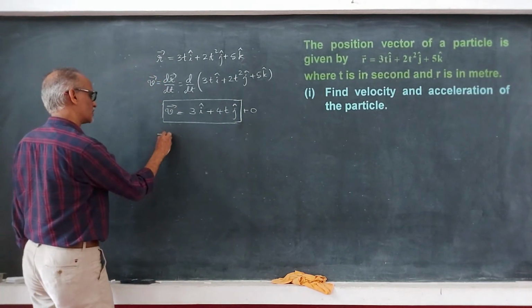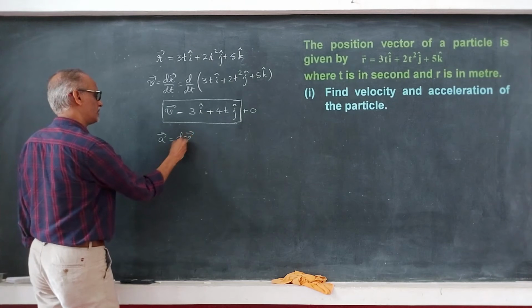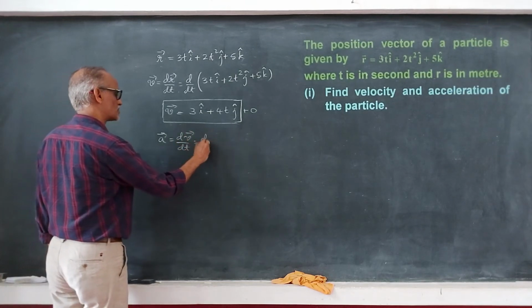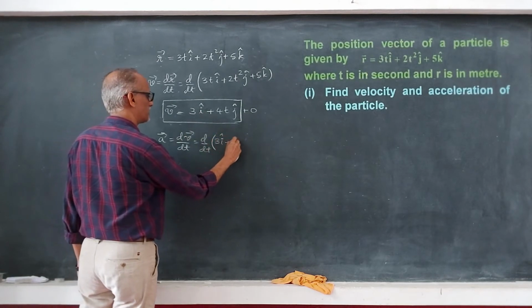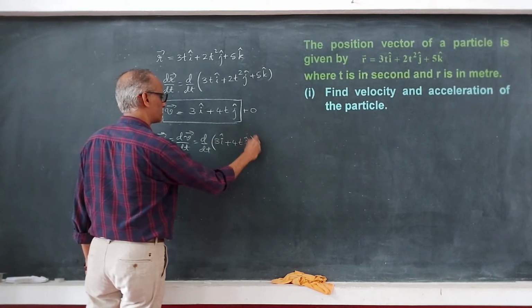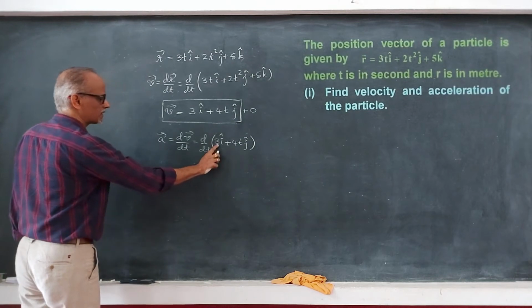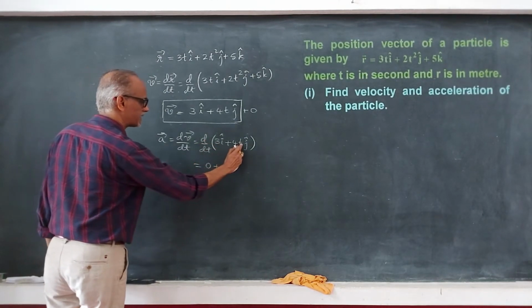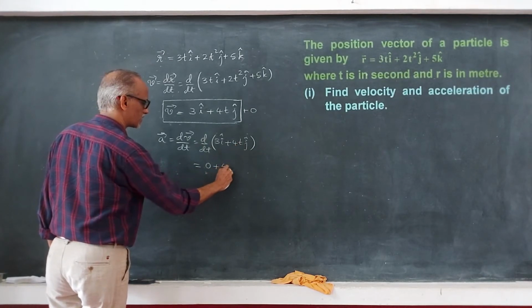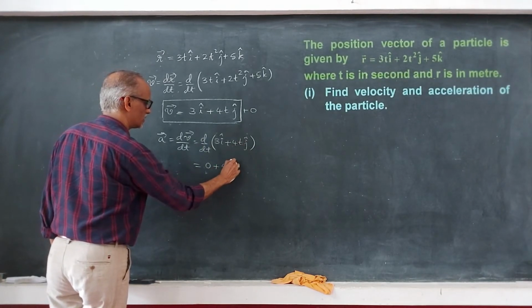How to find the acceleration? Acceleration is equal to further differentiating, dv by dt. So, d by dt of the velocity. Velocity is here 3 i cap plus 4t j cap. Again, 3 is a constant, so differentiation of this is 0, plus differentiation of t is 1, but 4 is there, correct, 4 into 1 and then j cap.